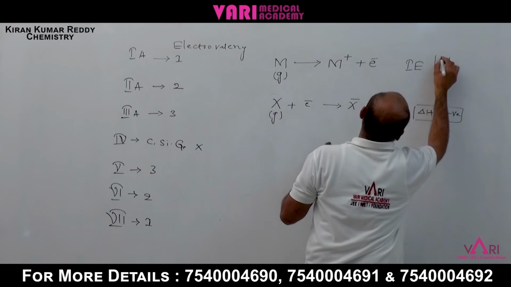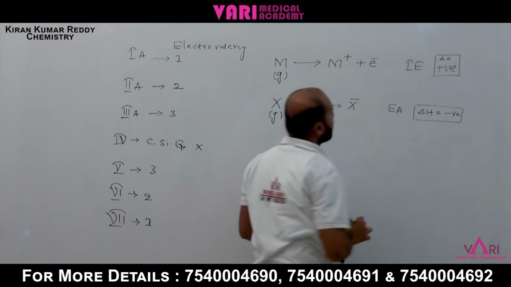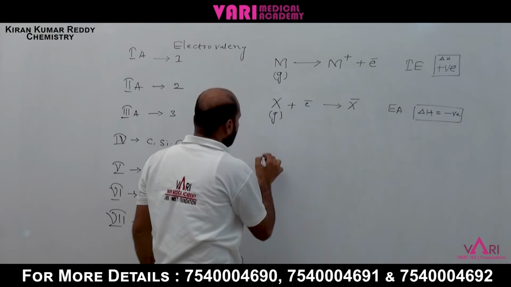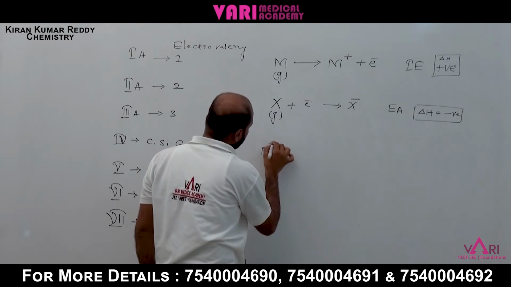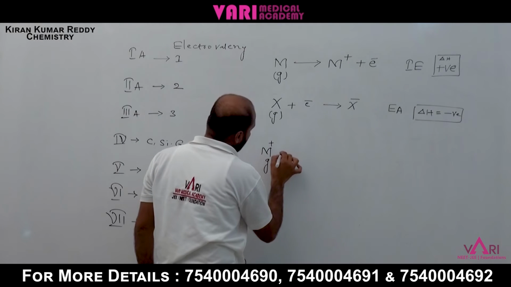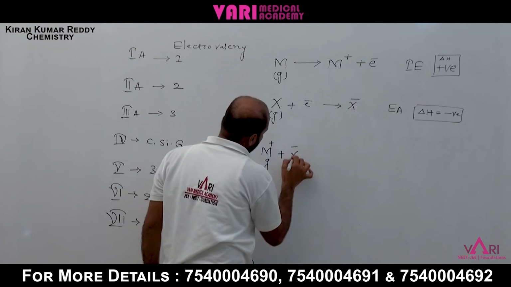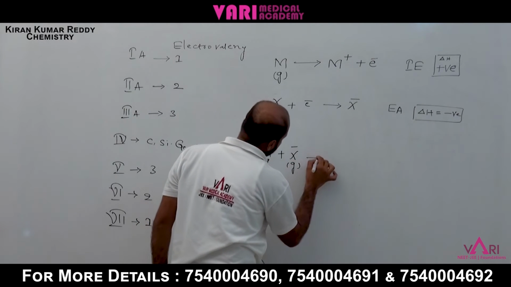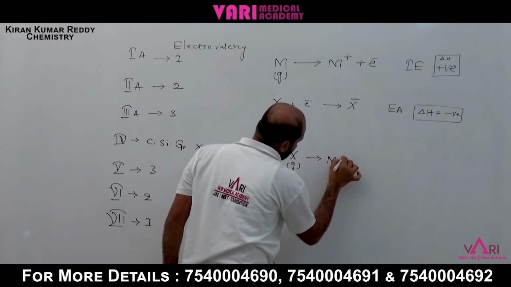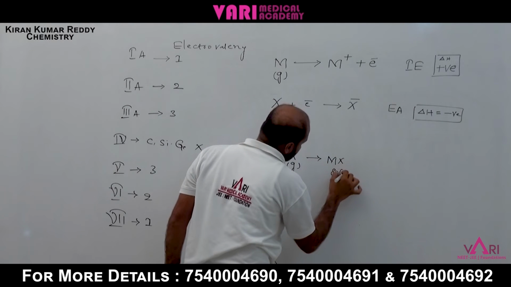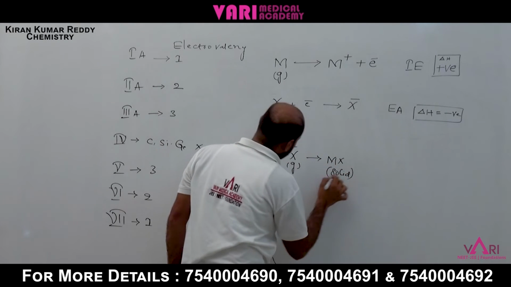Why? The amount of energy required to remove the electron. Now here M plus is formed in a gaseous state and X minus also gaseous, to form MX, a solid.